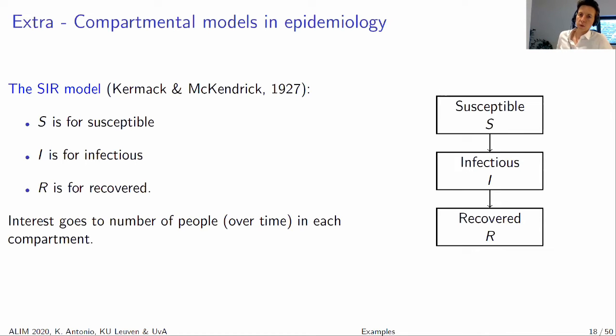I included a couple of examples here, because there you immediately see that these so-called compartmental models in epidemiology have a lot of correspondences with the multi-state models that we study in actuarial science. A classic model is the SIR model, where we distinguish 3 states. S is for susceptible, I is for infectious, and R is for recovered. That is really the basic model used or studied by epidemiologists for disease modeling.